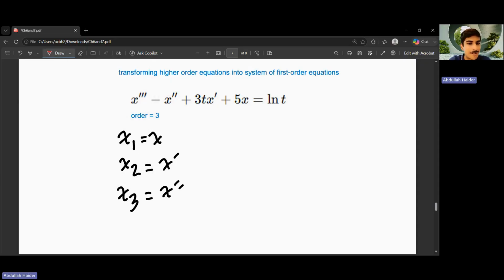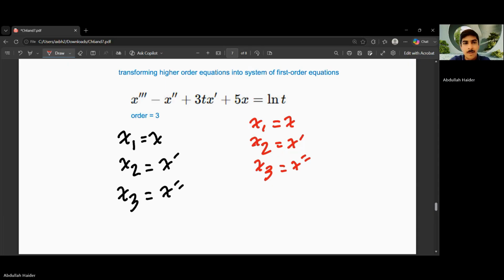So it is always guaranteed that your x1 is going to be x. Then x2 is always going to be the next derivative of this x. So this x has no derivative. Your x2 will be the first derivative of this x, and then your x3 will be the second derivative, which is x double prime.